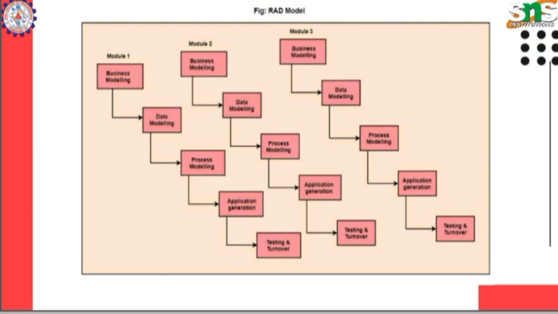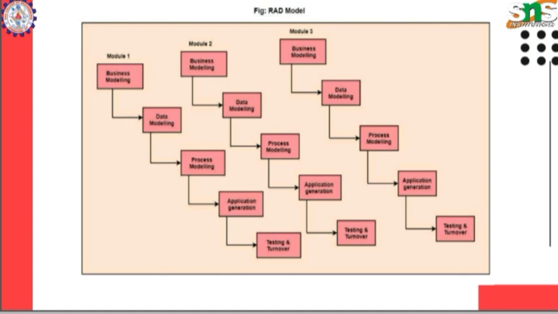RAD mainly consists of the following steps: business modeling, data modeling, process modeling, application generation, testing, and turnover. Each phase is discussed in detail.